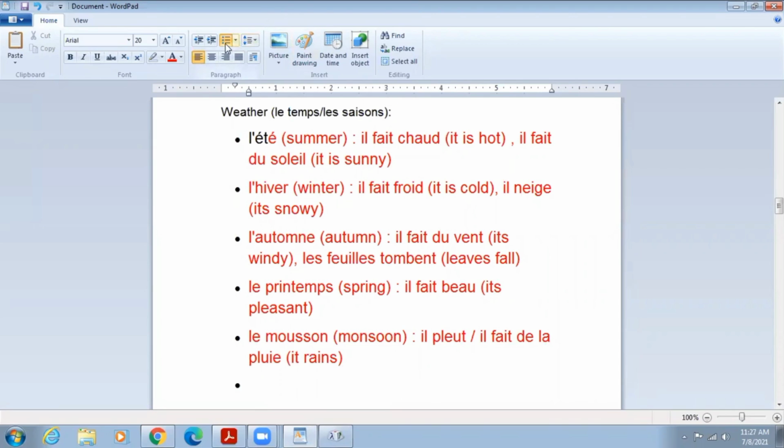C'est une question pour demander le temps. Et dis-moi, quel temps fait-il, Dimple? Il fait chaud. D'accord, très bien.